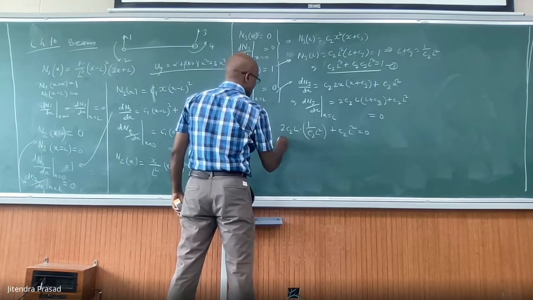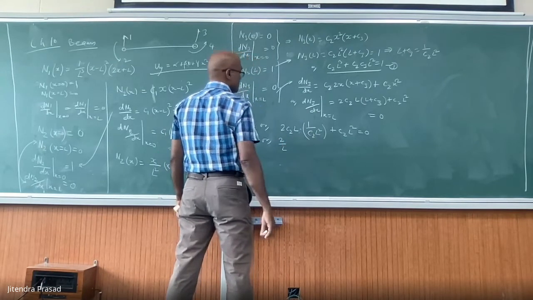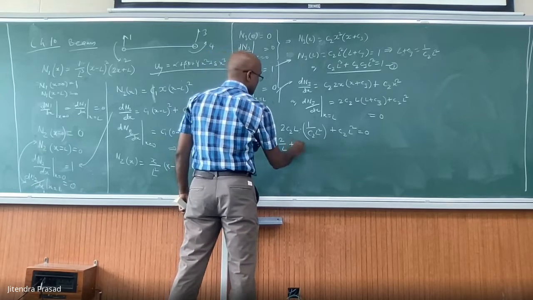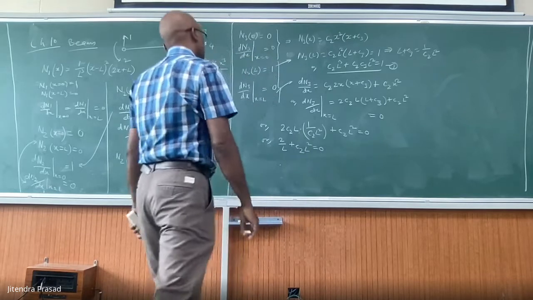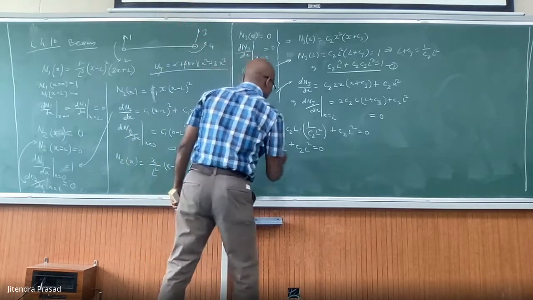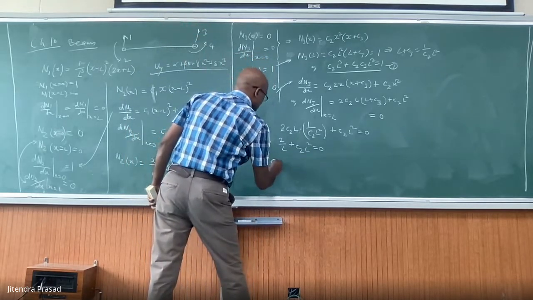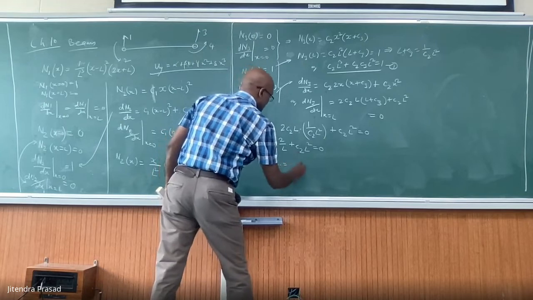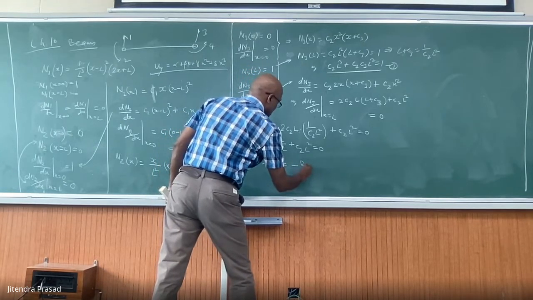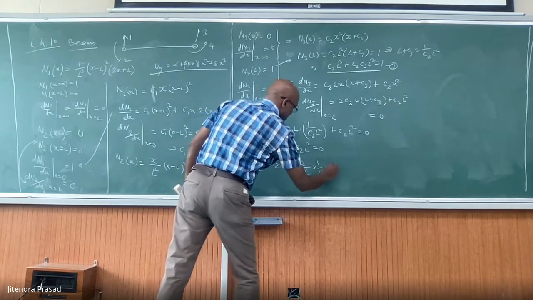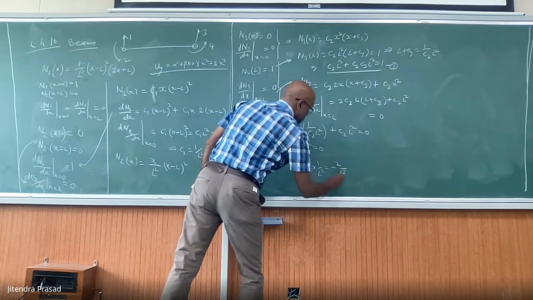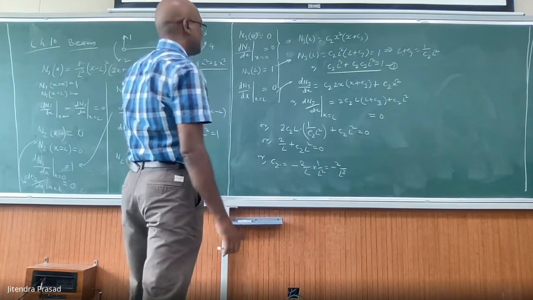So you have 2 over L plus C2 L square equal to 0. Okay? Or C2 equal to minus 2 over L cube.